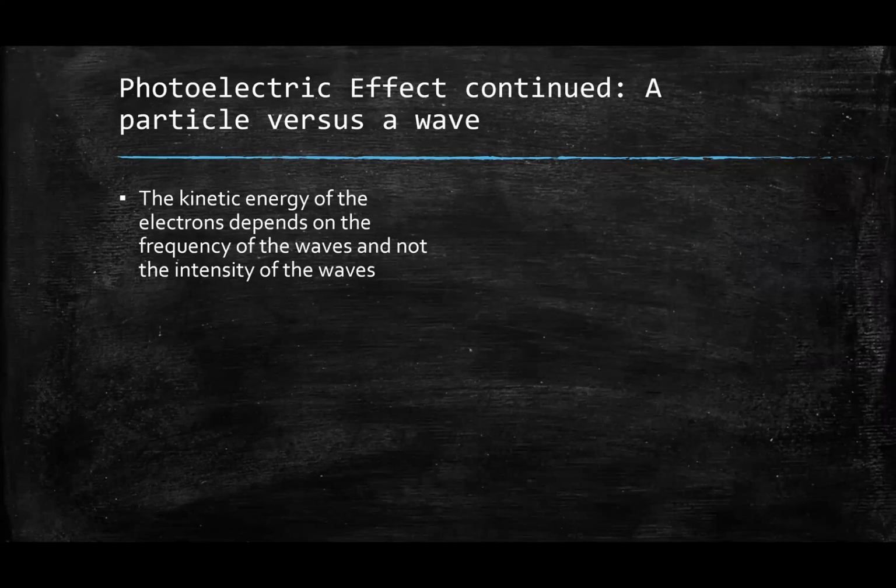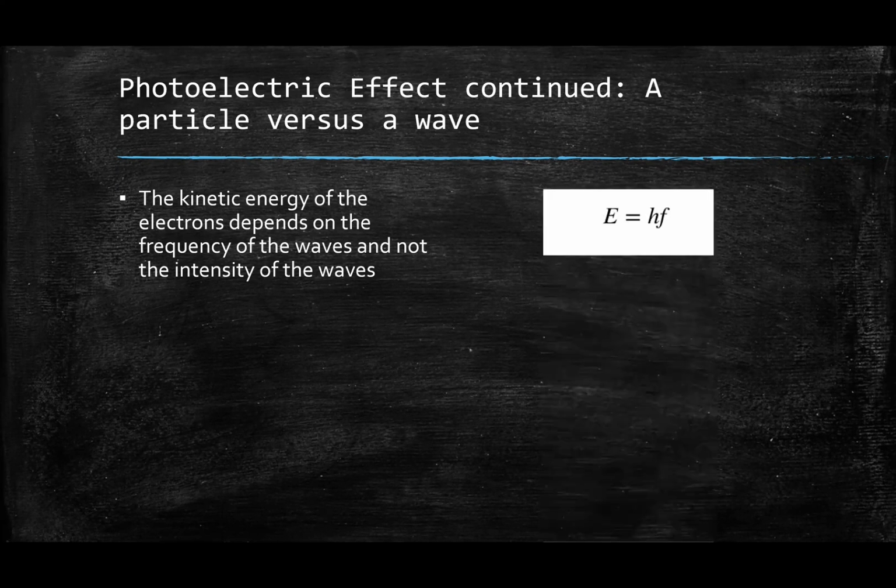The kinetic energy of the electrons was seen to depend more on the frequency of the waves and not the intensity of the waves. When we first started talking about electromagnetic waves, and we saw that spectrum, we talked about the higher frequency waves like X-rays and gamma rays, and we know that they carry a lot of energy, that they can do a lot of damage to human tissue. And so it is the frequency of the waves that affects the energy and not how bright the wave is.